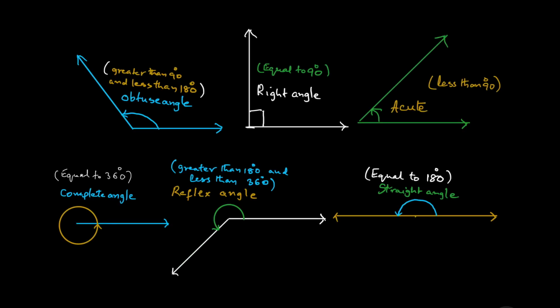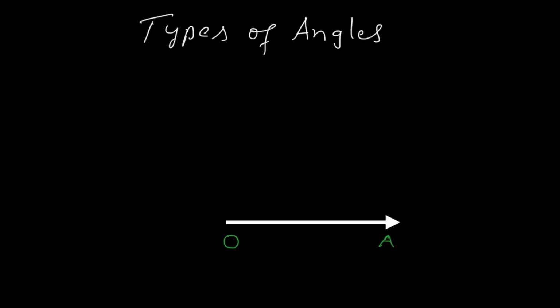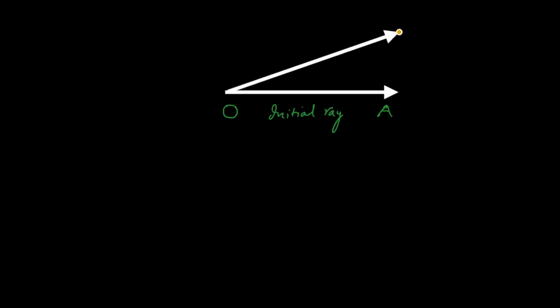O is the origin, OA is the initial ray. This ray may be called the terminal ray.